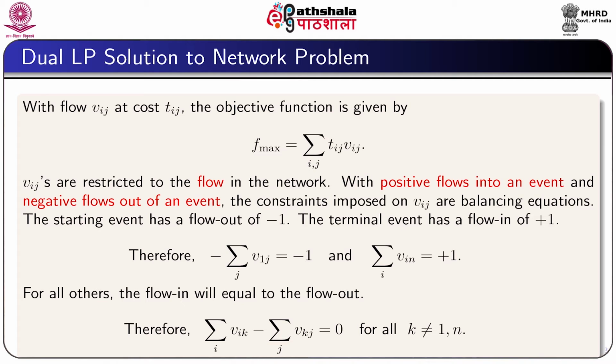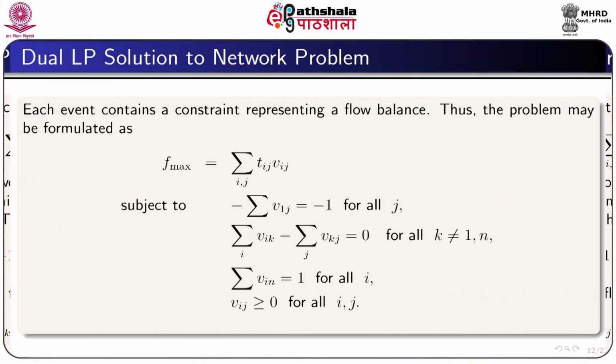Therefore, summation over i Vik minus summation over j Vkj should be equal to 0 for all k not equal to 1 and n. Each event contains a constraint representing a flow balance.